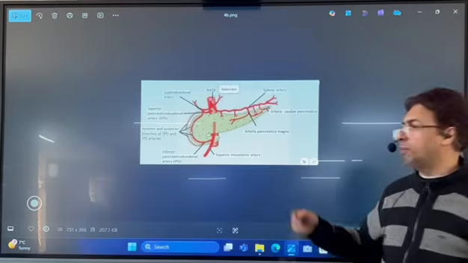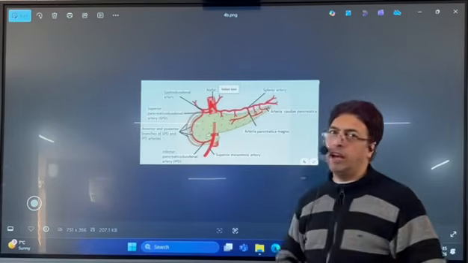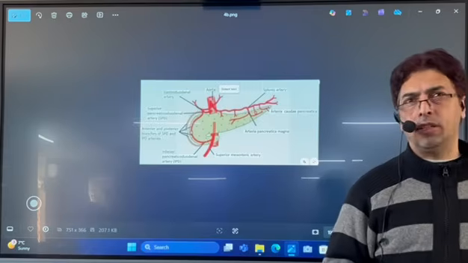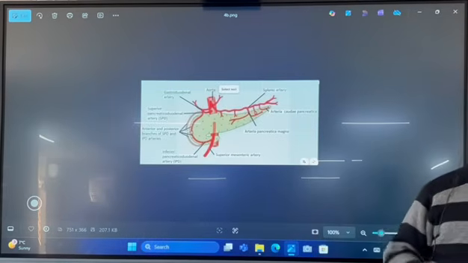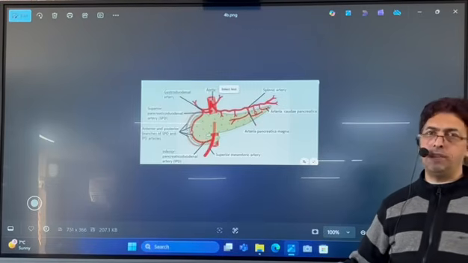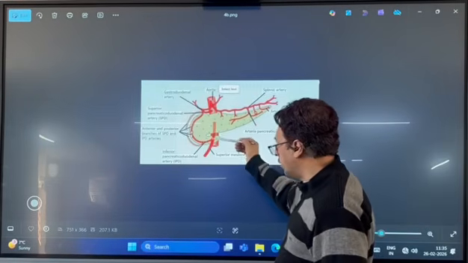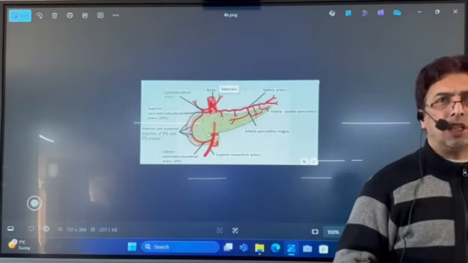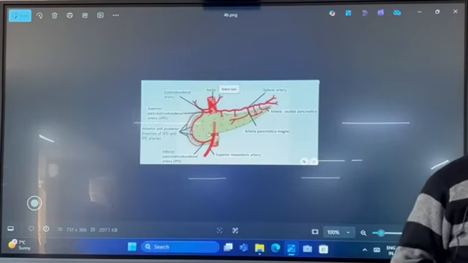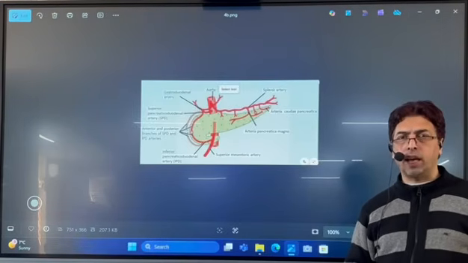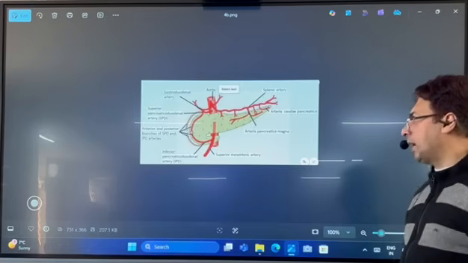And along the right margin, there is anastomosis between the superior and the inferior pancreatico-duodenal arteries. As simple as that. Where these vessels arise from, I will tell you once we deal with the blood supply of the gastrointestinal tract in detail.